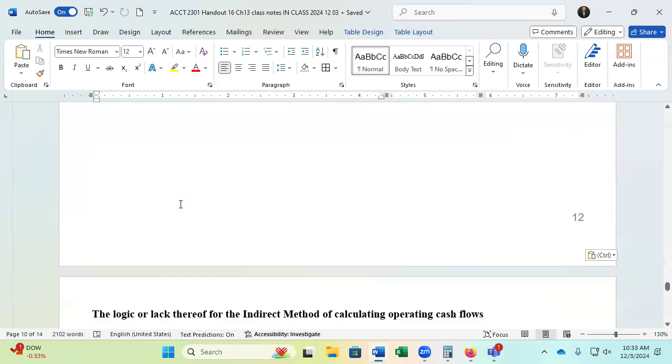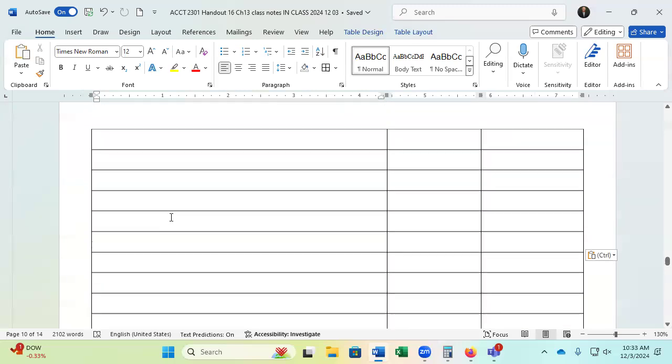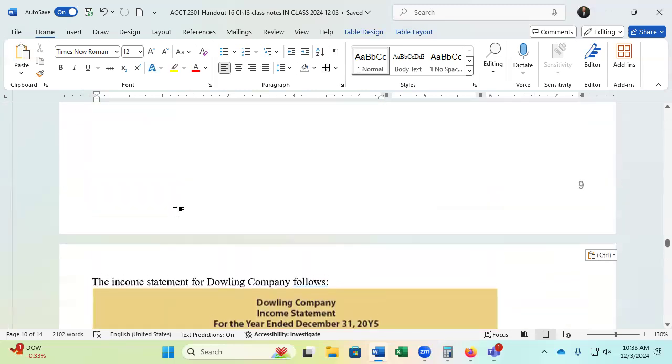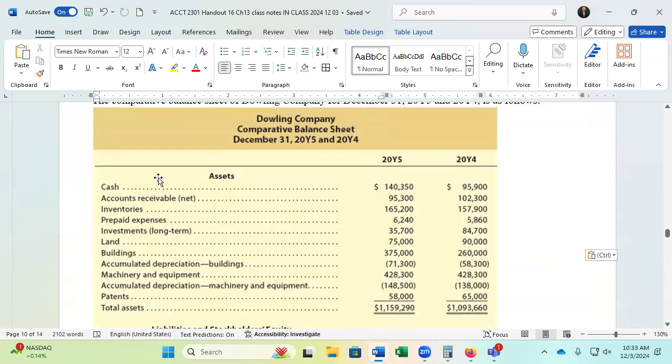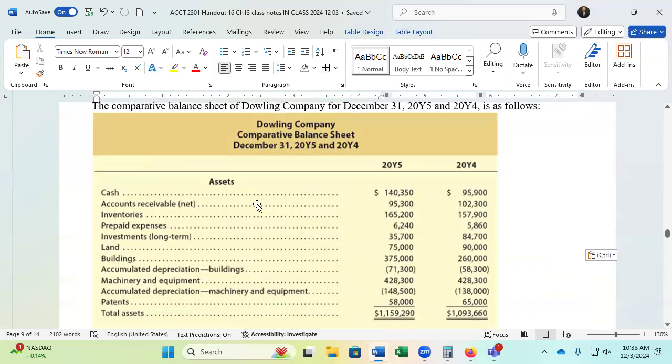I want you to tell me the differences between the years. What was the change in cash? The change in accounts receivable? The change in inventory? The change in prepaid expenses? Is investments operating? Where do investments go?